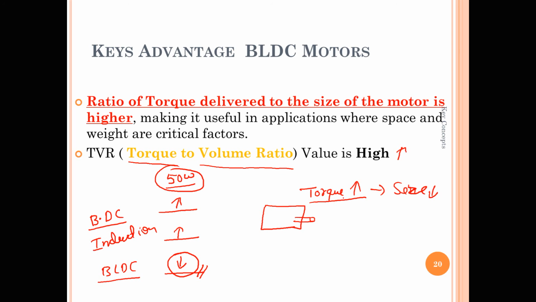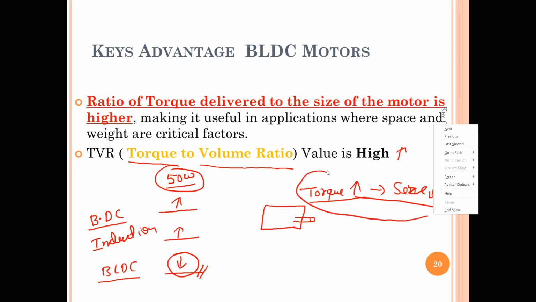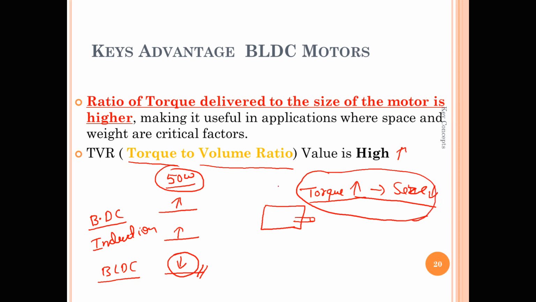So what's the advantage of these motors? We can use these motors in places where we have a limitation of space and weight. In many applications, as you can see, we have portable devices, drone applications, robotics applications, and some battery operated equipments where size and weight are a major concern.